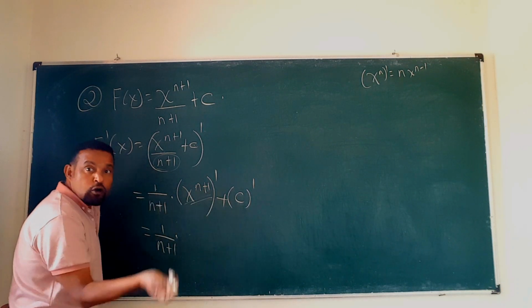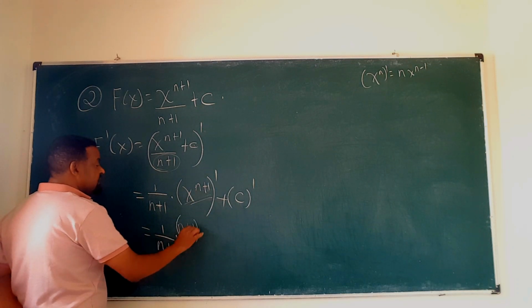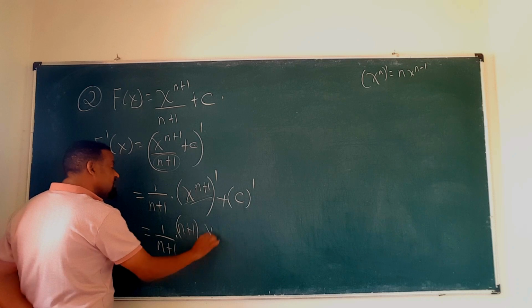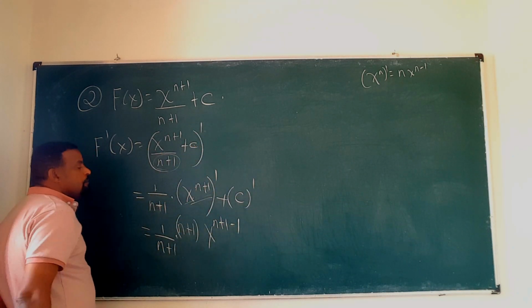Now we use the power rule, so the derivative of x to the power of n plus 1 is n plus 1 times x to the power of n plus 1 minus 1, based on that power rule formula.